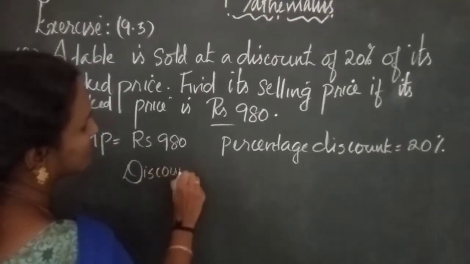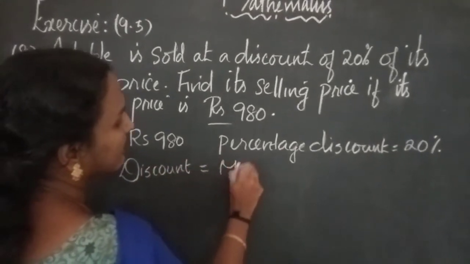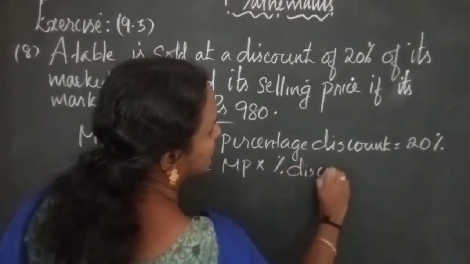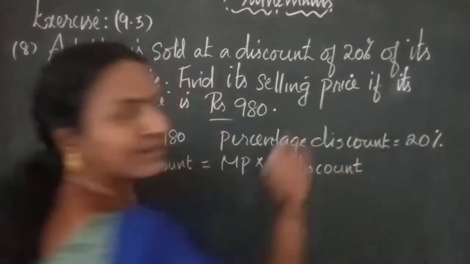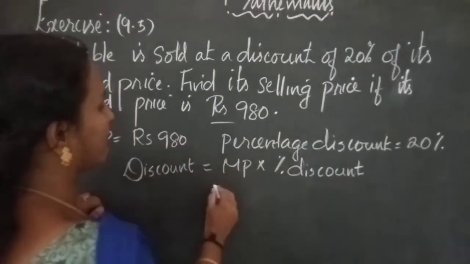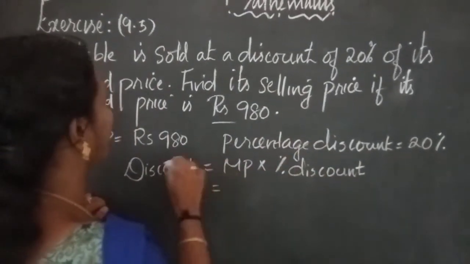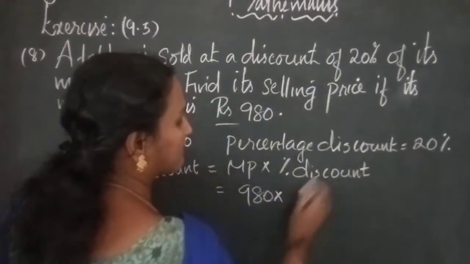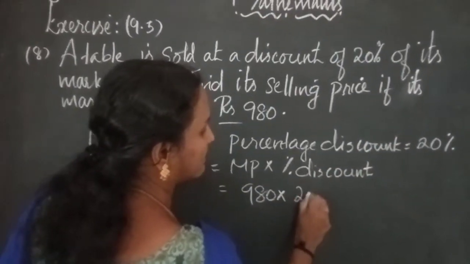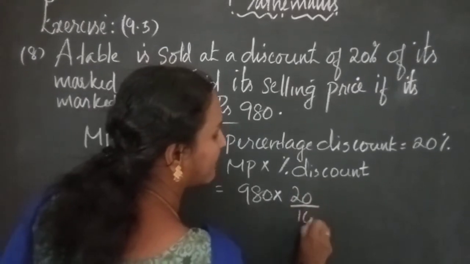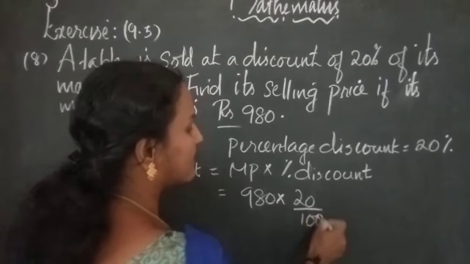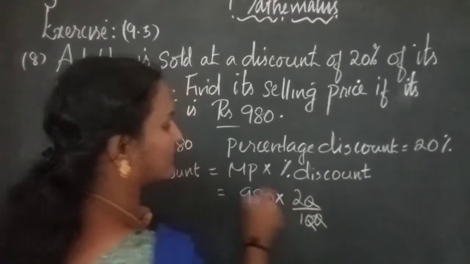First we have to find discount. Discount is equal to MP into percentage discount. Substituting the value of MP and percentage discount in this formula, MP 980 into percentage discount 20%. 20% means 20 divided by 100. Zero, zero cancel.